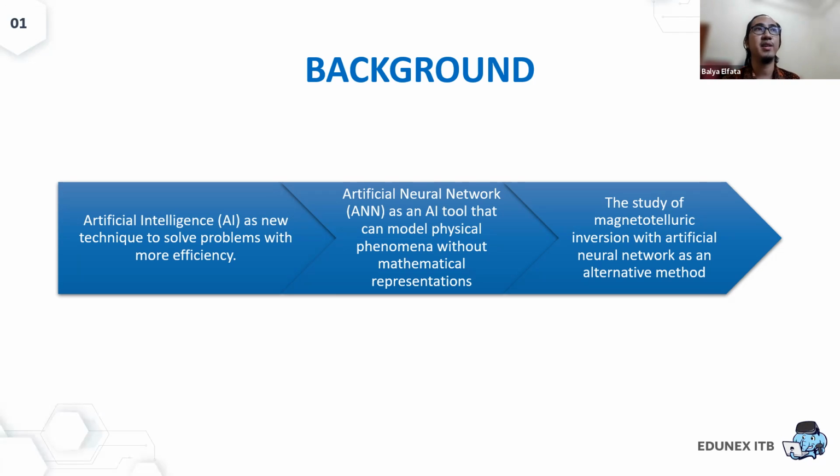And in a society where most people are really busy, we could really use a support tool like artificial intelligence that can solve more problems with more efficiency. And artificial neural network, as a tool of artificial intelligence, can model physical phenomena without mathematical representations.